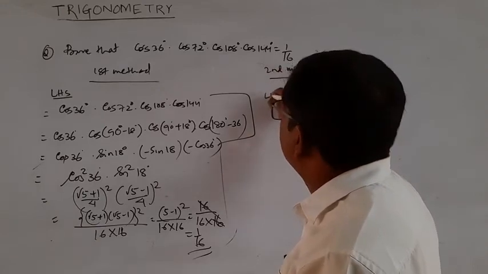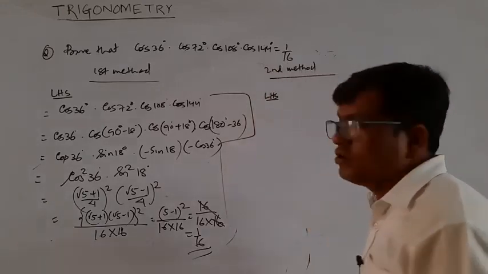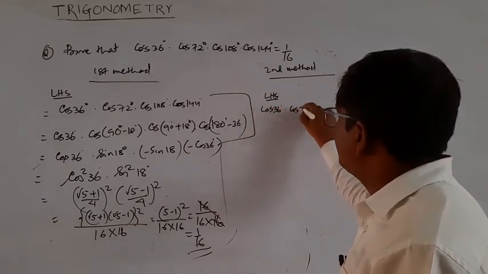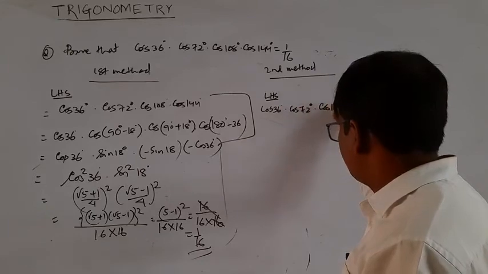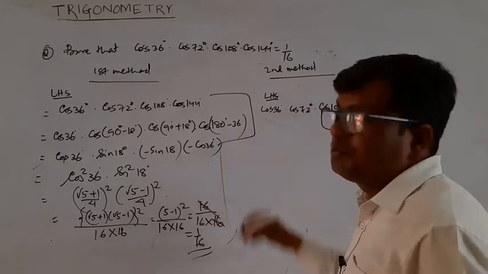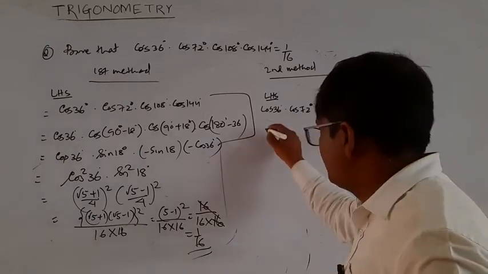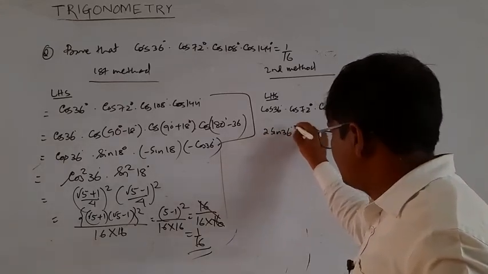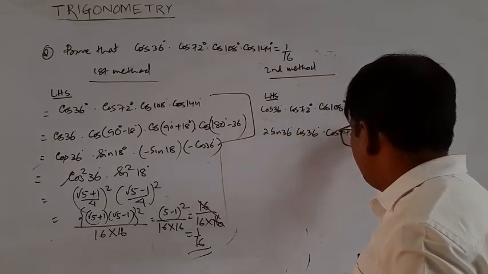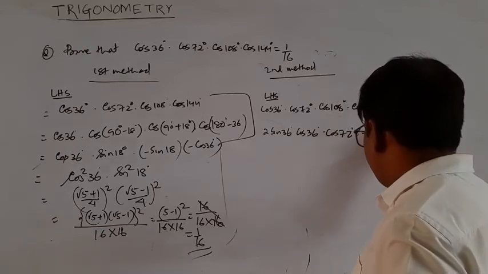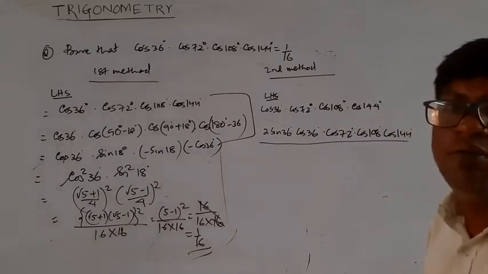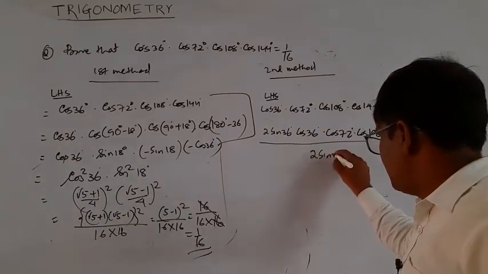So the left hand side is what? The left hand side is cos 36 degree, cos 72 degree, cos 108 degree, cos 144 degree. So multiply and divide by 2 sin 36. So 2 sin 36 into cos 36 into cos 72 into cos 108 into cos 144, divided by 2 sin 36.